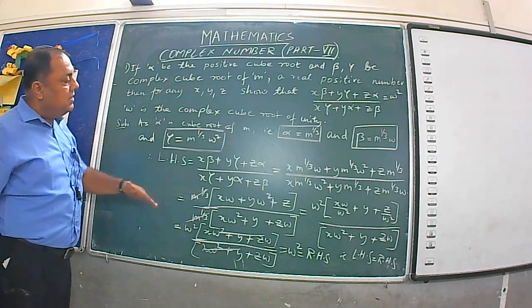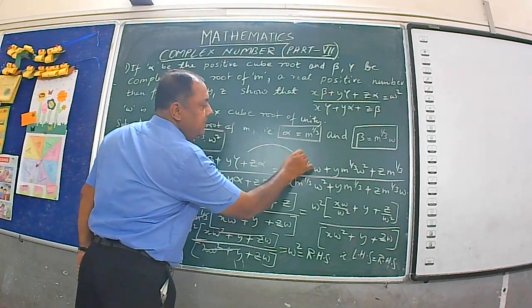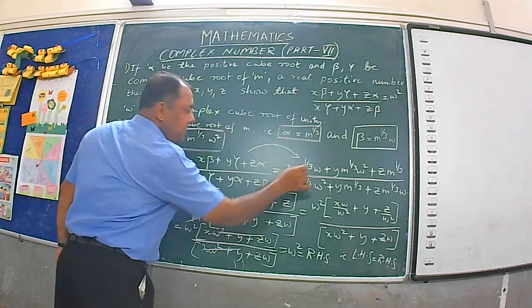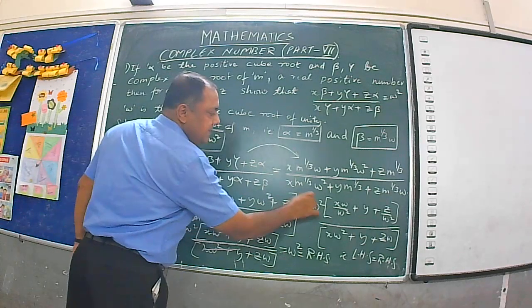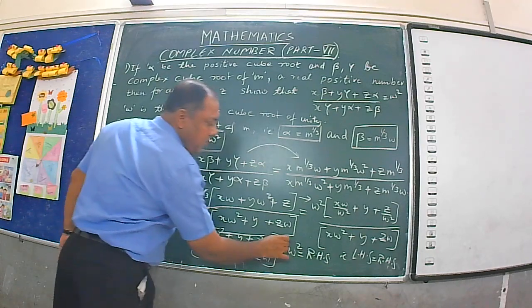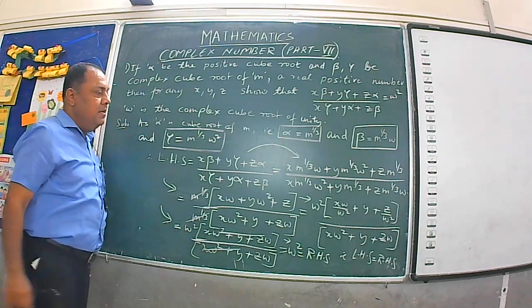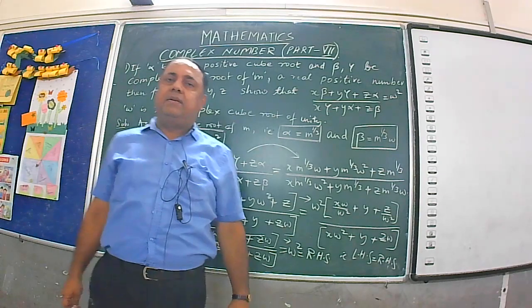You work step by step. From here, we move on to this particular step, and therefore we move on to this omega square. This is my problem number 1.